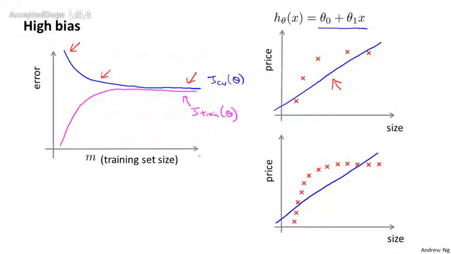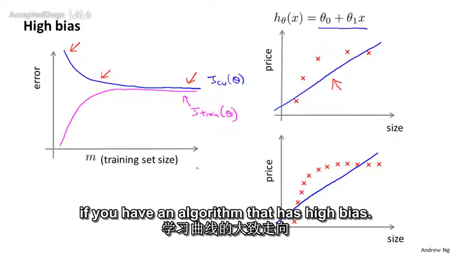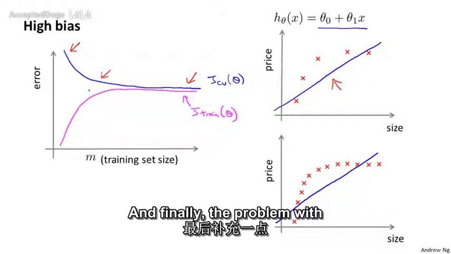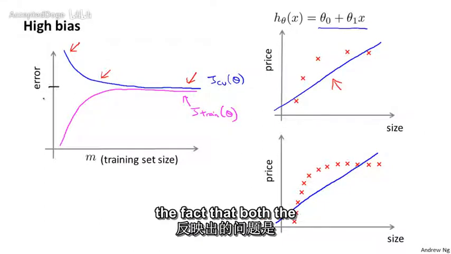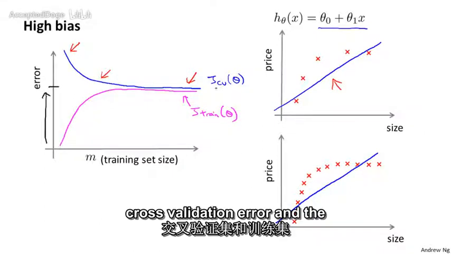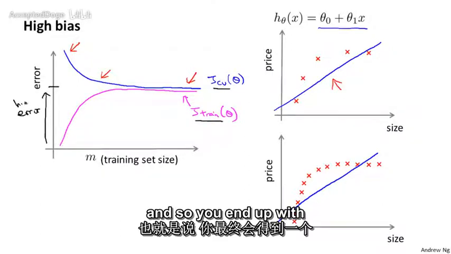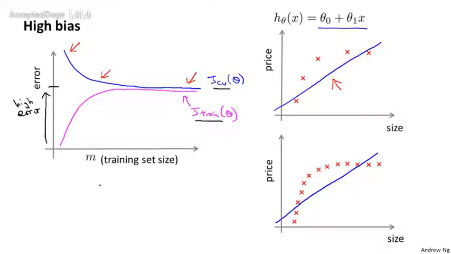And so this is what your learning curves will look like if you have an algorithm that has high bias. And finally, the problem of high bias is reflected in the fact that both the cross-validation error and the training error are high, and so you end up with a relatively high value of both JCV and JTrain.